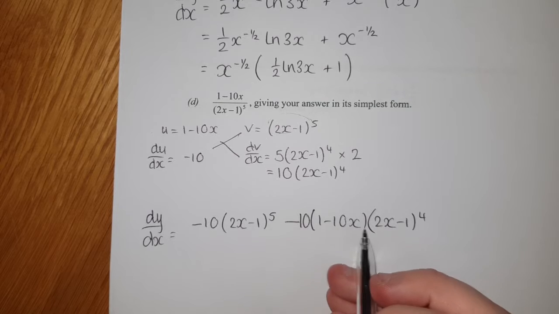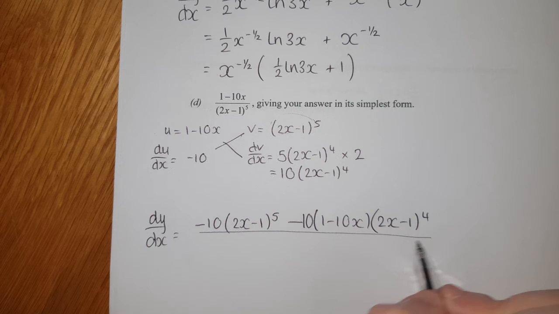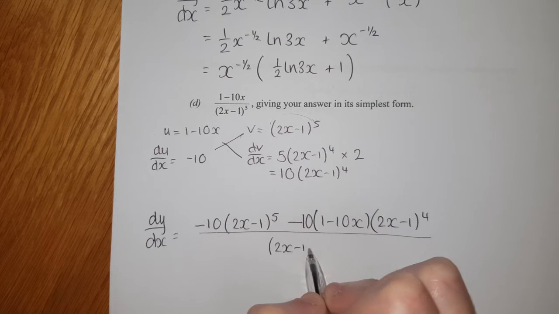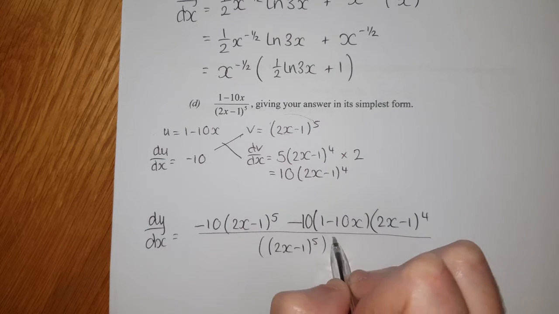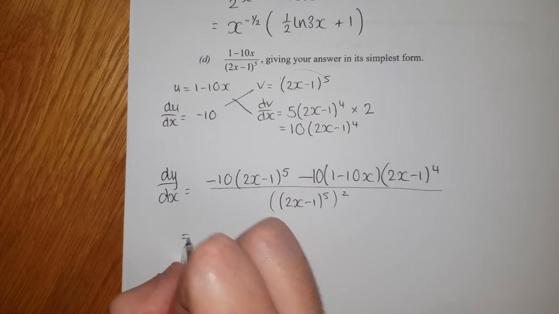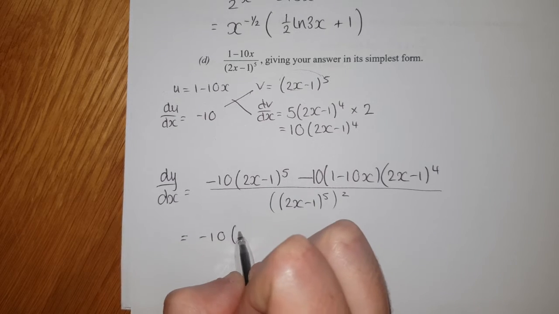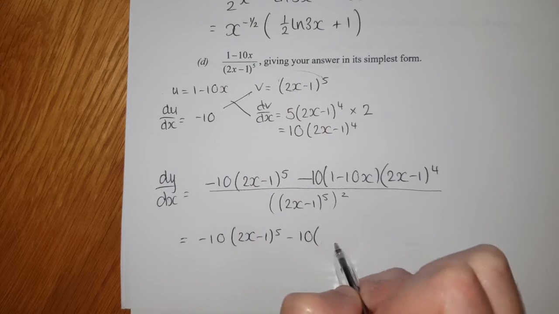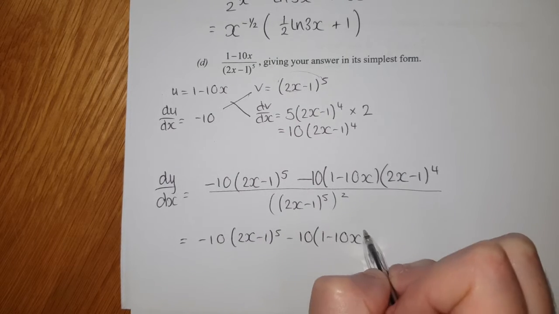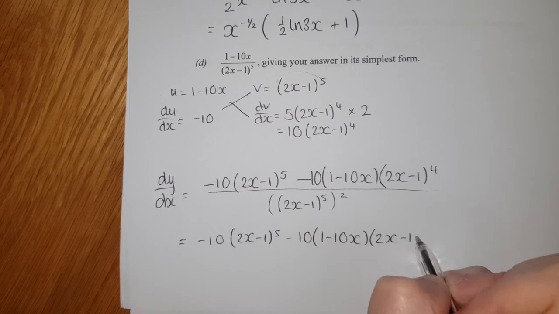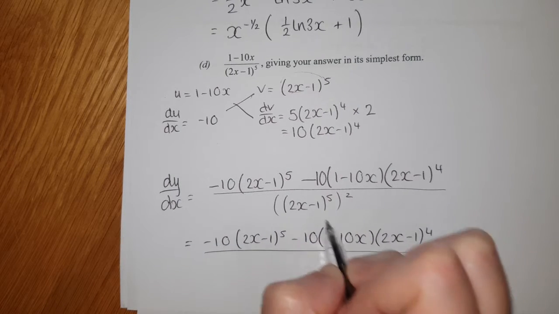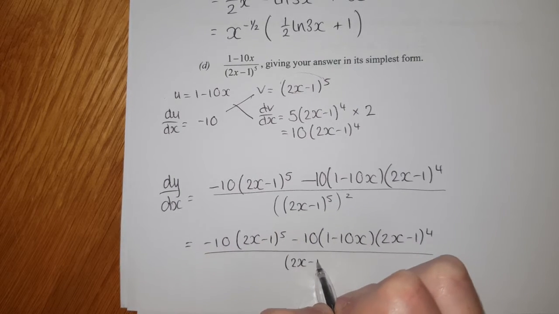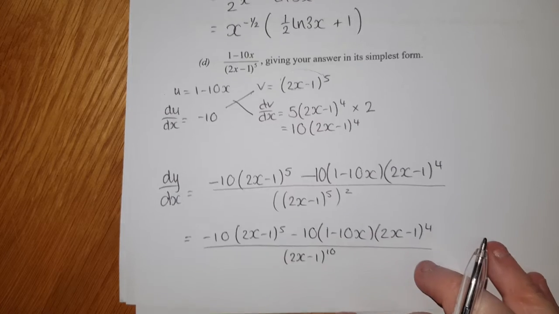Notice that I've put the 10 in front, not in between the brackets, okay? Over v squared, well, that is 2x minus 1 to the power of 5 all squared. So this one's going to take a little bit of manipulating. We did do some of this back at the start of the term. Multiplying the powers, you'd get 2x minus 1 to the 10 on the bottom.